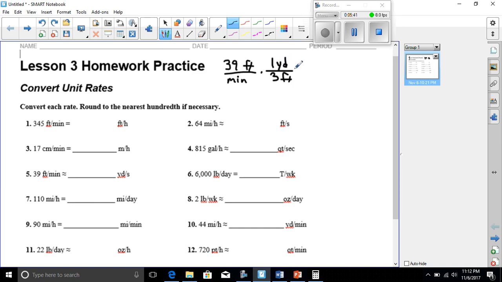That'll help me get rid of the feet. And this is minutes and seconds, and I need to get rid of my minutes. So I'll say for every 1 minute, and again, I'm going to put that on top because this is on the bottom, equals 60 seconds.